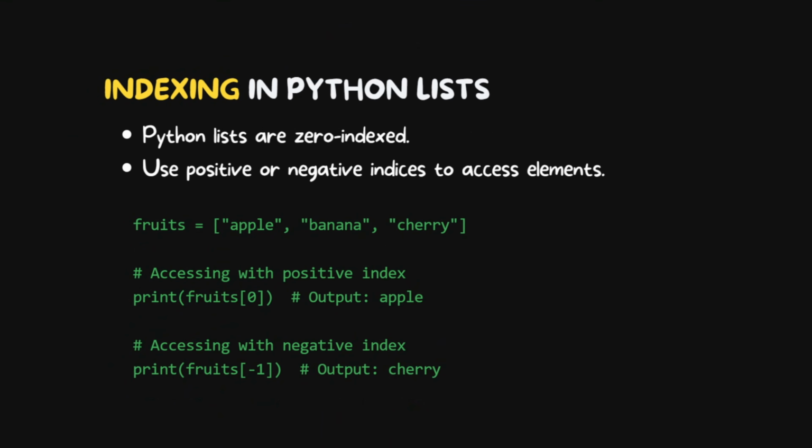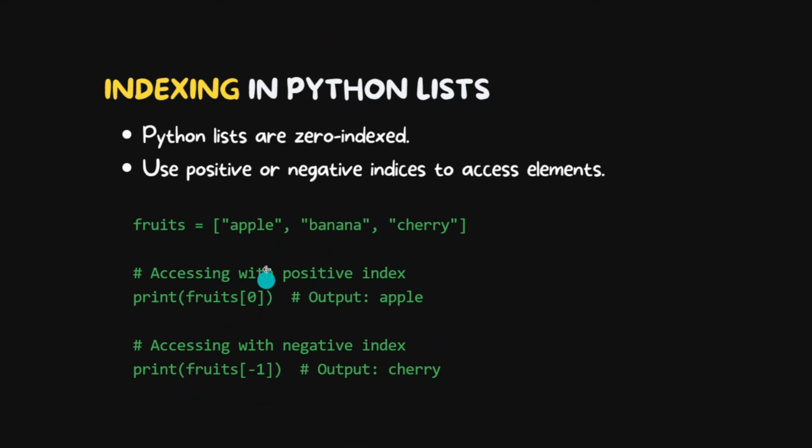Now let's talk about indexing. Every element in a Python list has a unique position called an index. The index starts at 0 for the first element. You can also use negative indexing to access elements from the end of the list. So here we can see a list named fruits which contains the elements apple, banana, and cherry. We access with a positive index first.